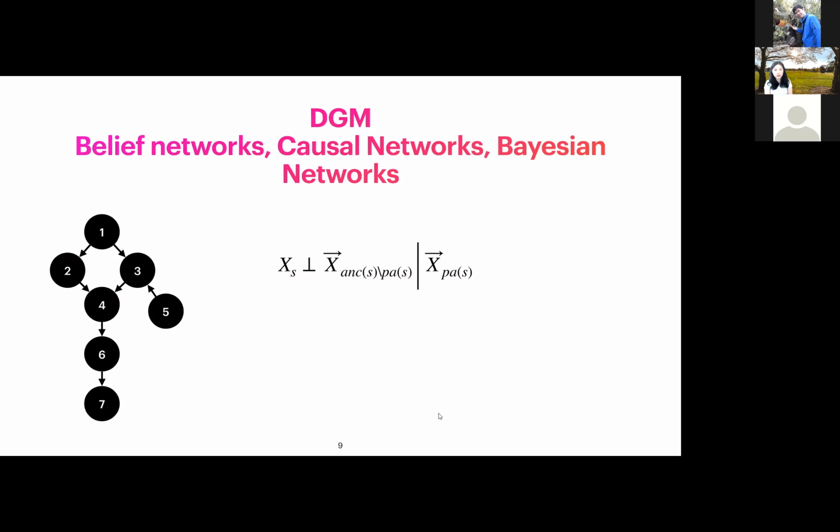Now, I promised to talk about conditional independence. For directed graphical models, such as belief networks, causal networks, and Bayesian networks, you have this conditional independence. This is very important. You choose an S. Let's say S is 4.